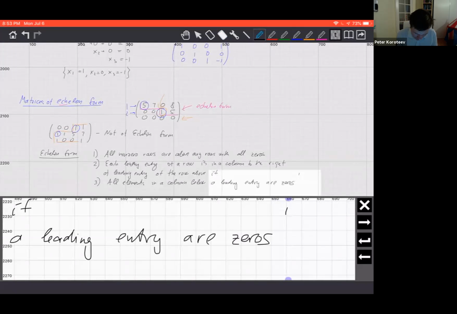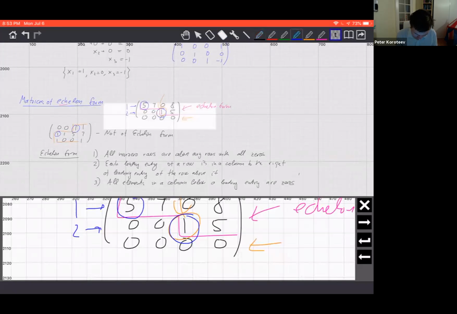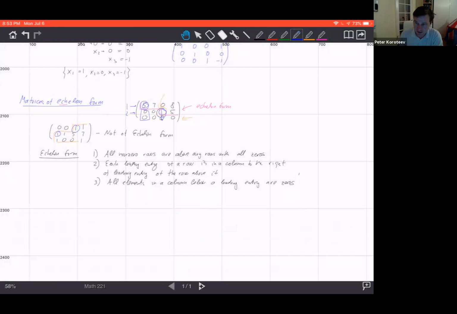And of course, this is the case here. This is the leading entry, and then we have zeros here. This is the leading entry, we have 1 0 over there. Okay, so that is called echelon form.